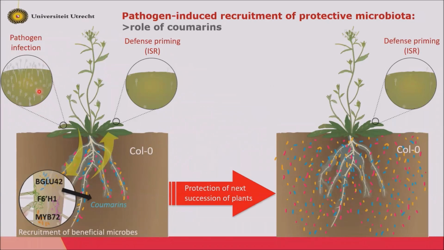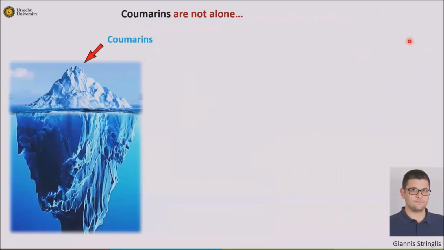Pathogen infection, in this case downy mildew infection on the leaves, leads to a change in the microbial community. This is dependent on the activity of coumarin biosynthesis, and these coumarins mediate the microbial shift in the root microbiome, and this is very important in order to induce resistance against the downy mildew pathogen in the next generation.